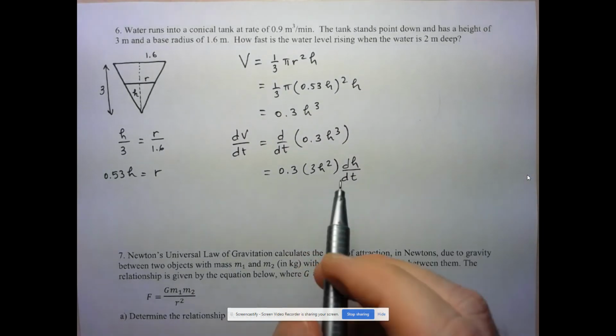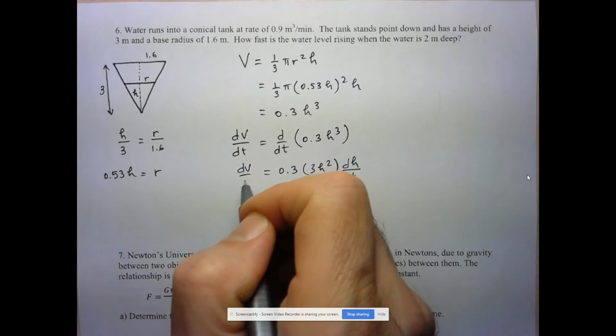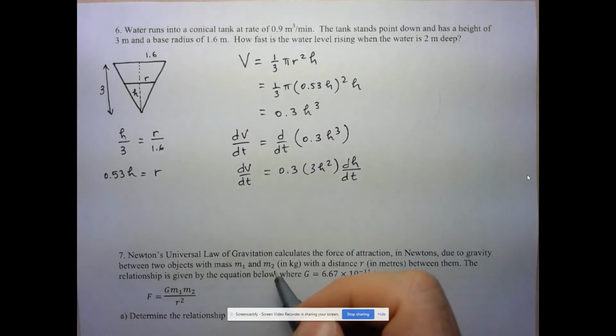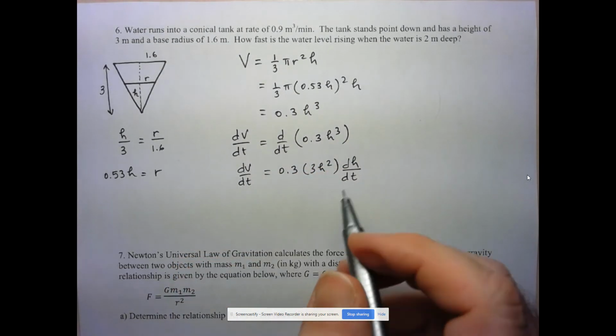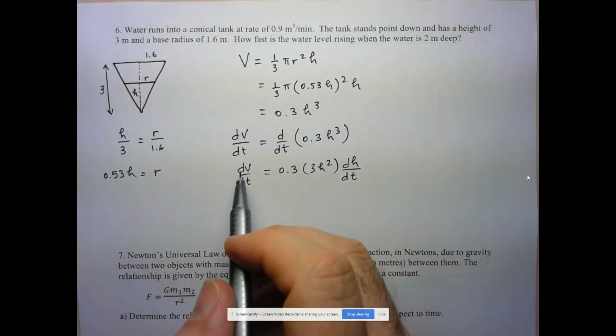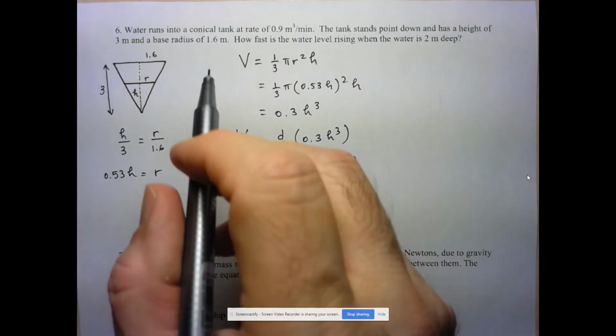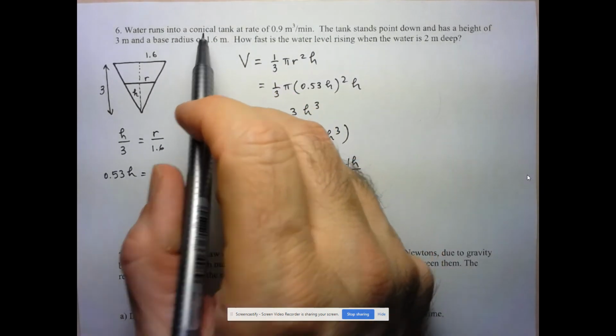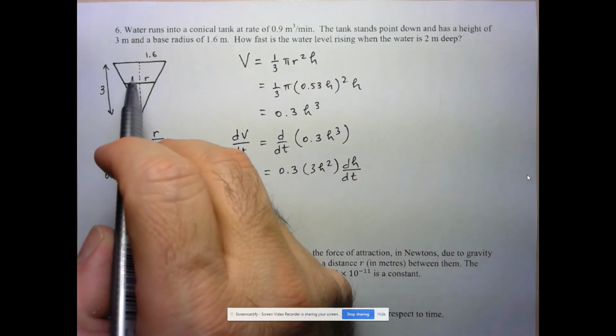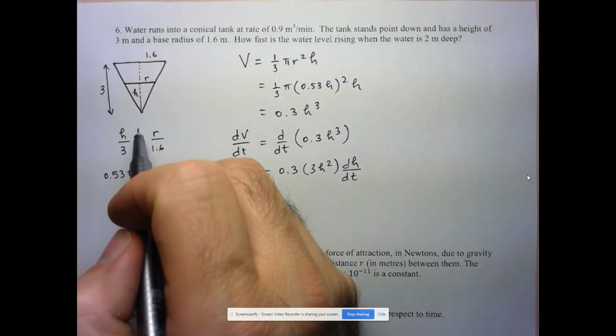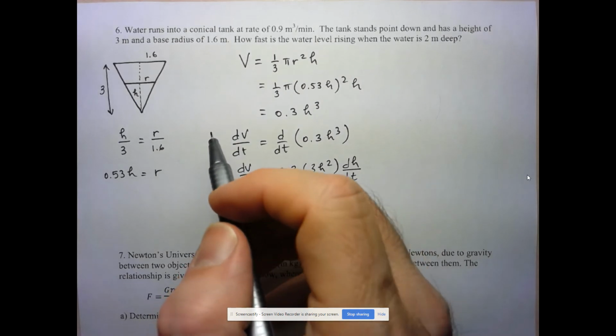Now I have my related rates equation, and I can solve for dh/dt because I know that the volume is increasing. Now how do I know it's increasing? Because it's going into the tank. If this was a tank that was leaking water, I would be using a negative value for dV/dt.